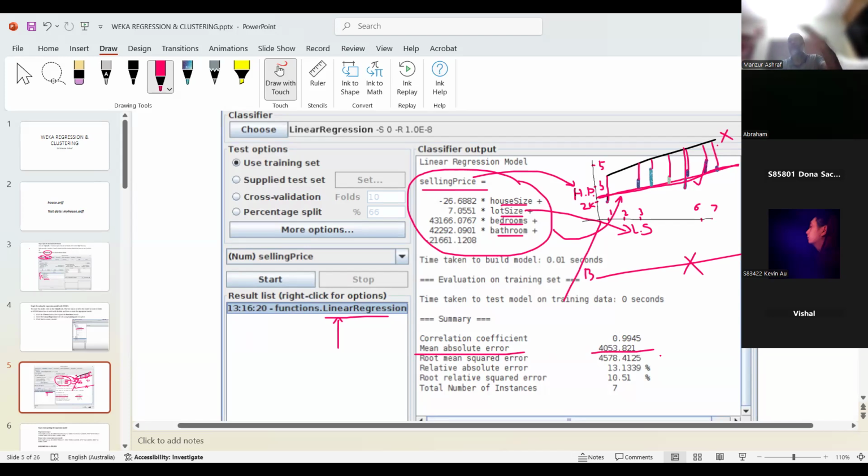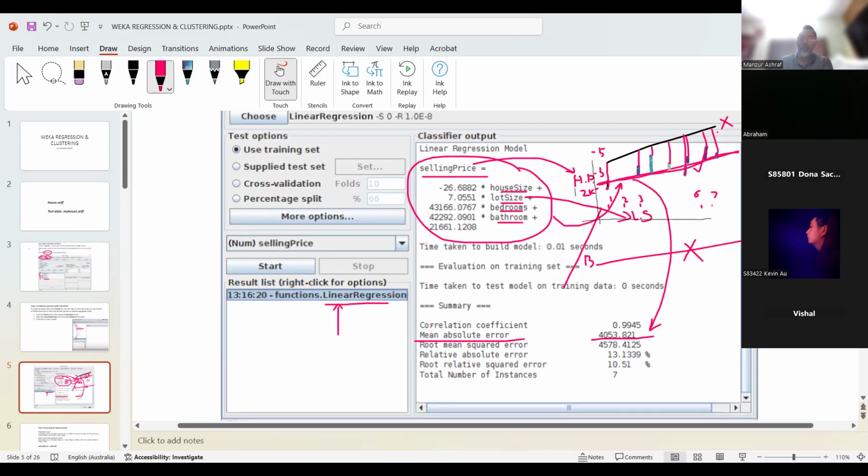So if I make 3 different lines, I will have 3 different mean absolute errors. The one with the minimum among the 3, you have to select that model. Does it make sense about the decision? So among these 3 or 4 lines, you have to pick the one with the shortest error as the equation. For this particular straight line, this is the mean square error, and this is the equation.